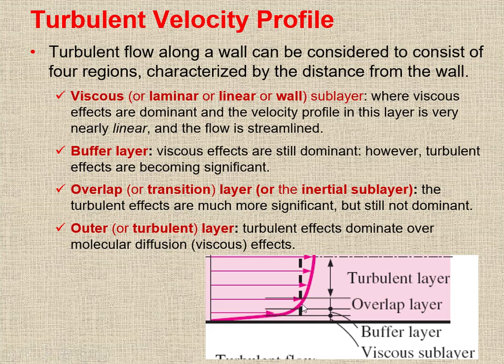Moving from here to here, the viscous effect is reduced. In the outer layer, turbulent effects dominate over molecular diffusion or viscous effects, near the average velocity region. So these are the four different regions of the turbulent velocity profile.